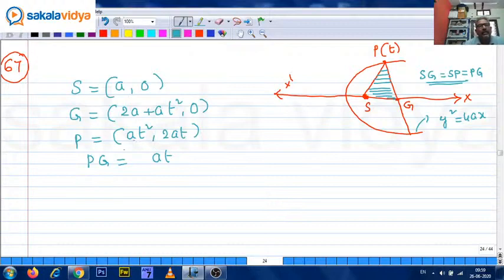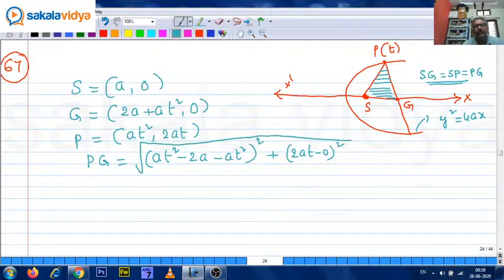PG is equal to the square root of (at square minus 2a minus at square) whole square plus (2at minus 0) whole square. At square cancels. We have this will be the square root of 4a square plus 4a square t square.